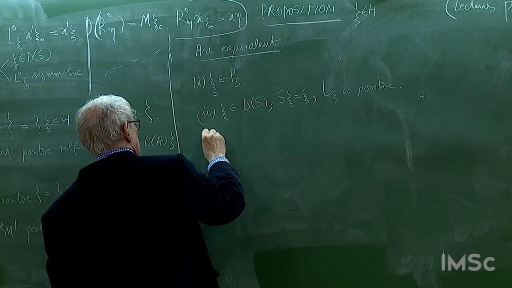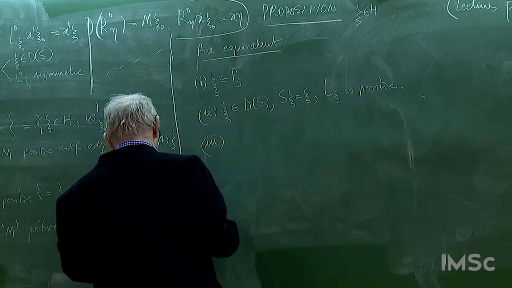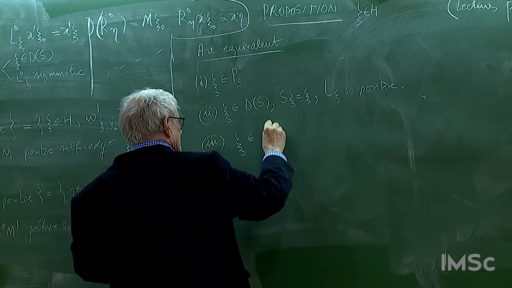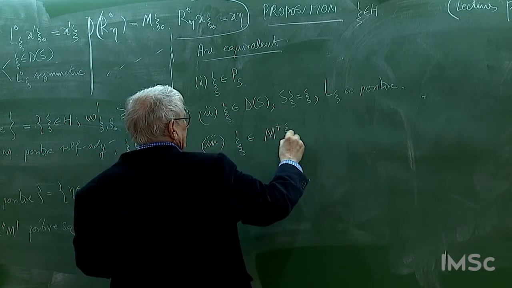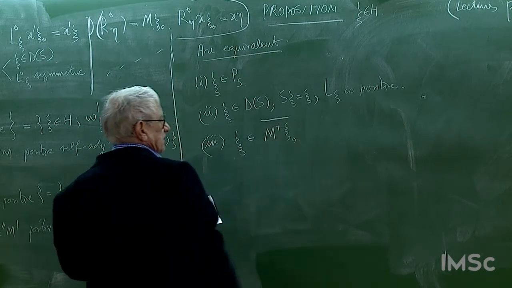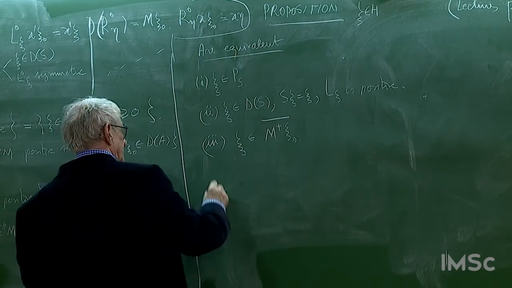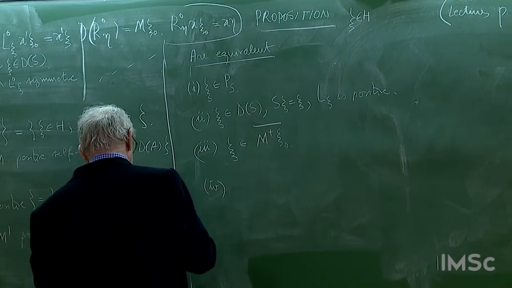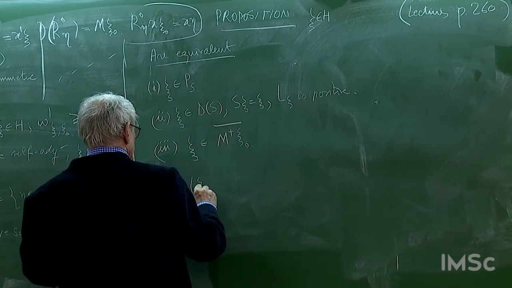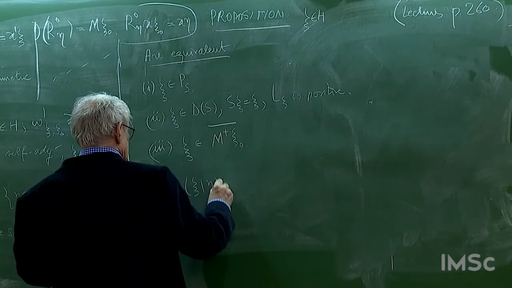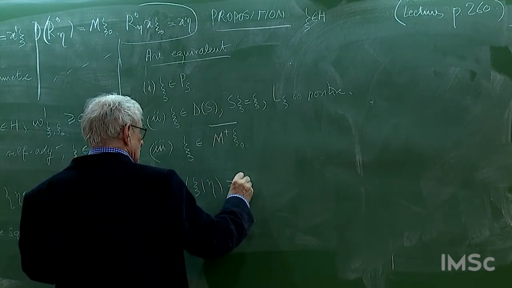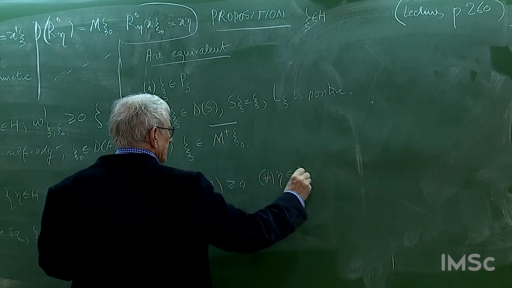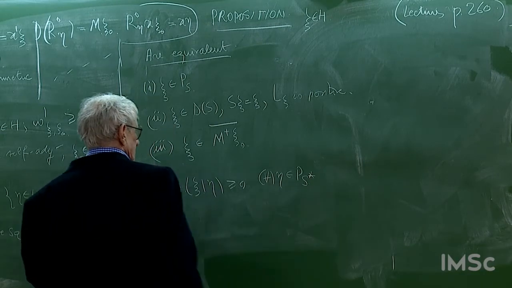Third is that xi belongs to the closure in the Hilbert space of M plus applied to psi 0. And fourth thing is that the inner product of xi and eta is bigger than 0 for every eta in PS star.